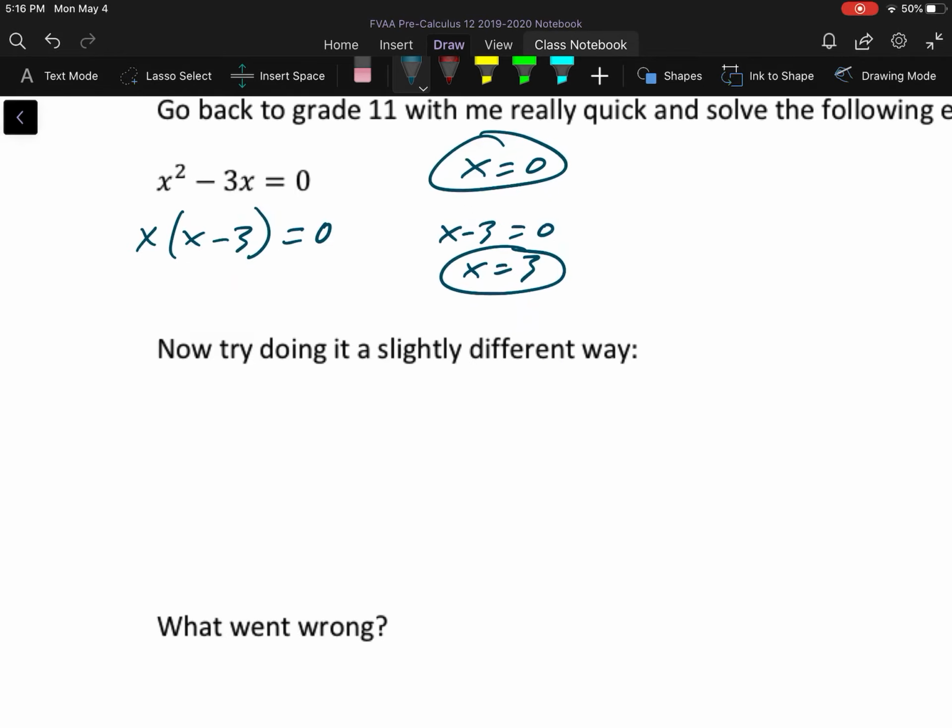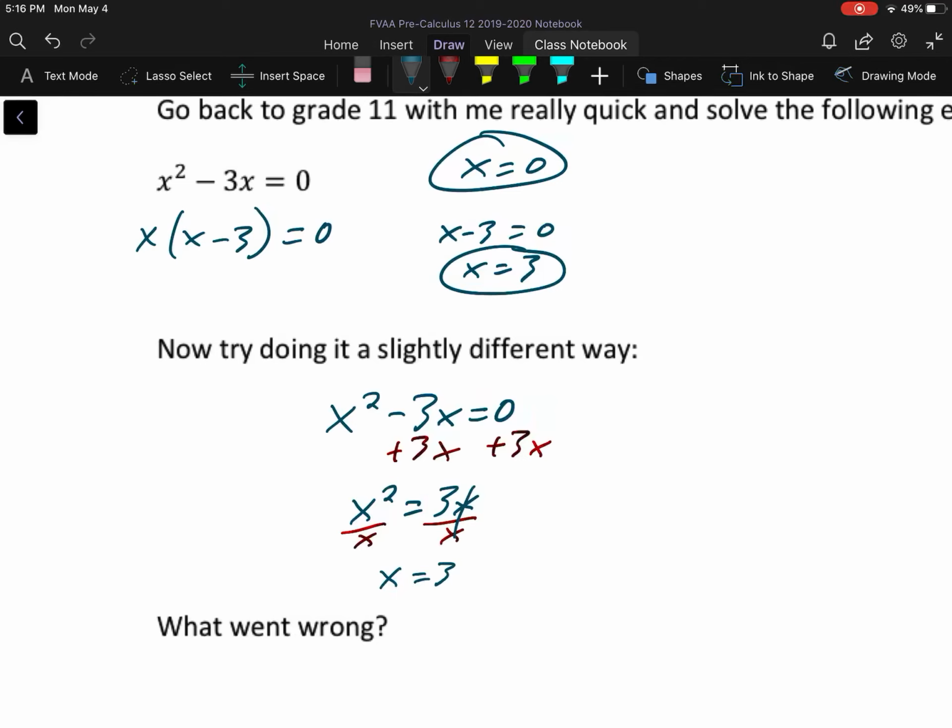However, there's a common mistake that students make here. Instead of factoring, in this equation, this is what they end up doing: you have x squared minus 3x is equal to 0, and then they add 3x to both sides, which gives me x squared is equal to 3x, and then you divide both sides by x, and you end up with x is equal to 3, right?